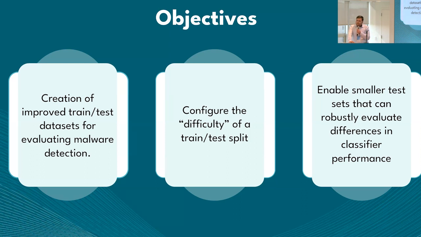Weaker models would be used to create this train test data set, and those data sets will be used to evaluate the performance of the stronger models. The data sets we create will have difficulty levels. We will not be creating a data set which is simply too challenging or simply too easy for the models. We want to create data sets of different levels of difficulty, so that while evaluating the performance of the models, we can get accurate results on the statistical test.